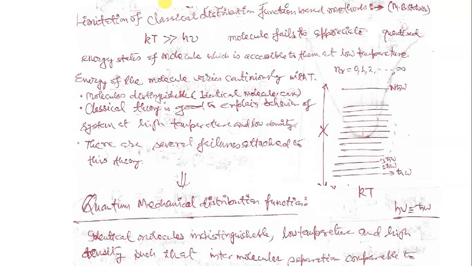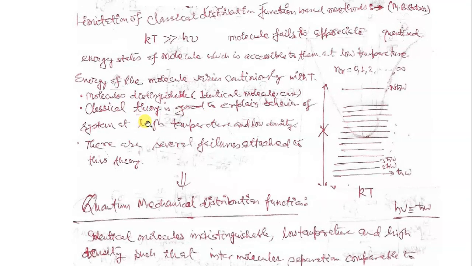system. So in the case of classical statistics, basically you assume that molecules are identical, but they are distinguishable. And classical theory is good for the sake of comparison, but the result derived using classical theory is fine at high temperature, but at low temperature this classical theory fails.